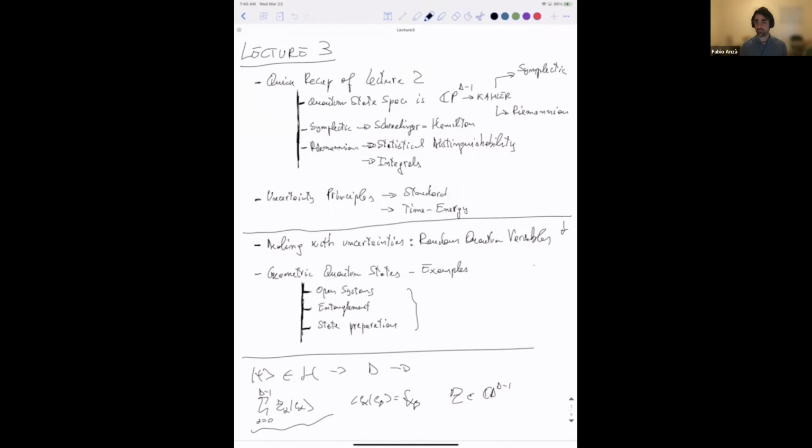There are interesting geometric aspects to entanglement that we might cover either today or tomorrow. You can use geometric quantum states to study how the ensemble that gives you entanglement behaves over time.